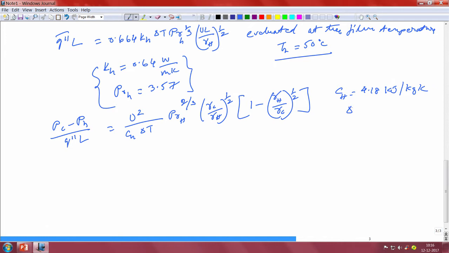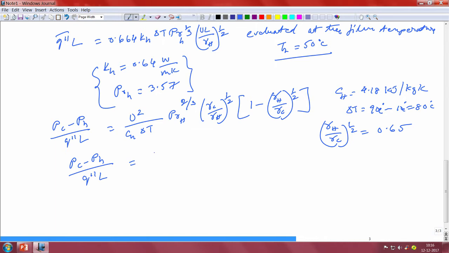Delta T is of course 90 minus 10, which is about 80 degrees Celsius. And gamma_h by gamma_c raised to the power of half, we just found out, is about 0.65. Based on this, the ratio gives you U squared by 516 meter per second squared.